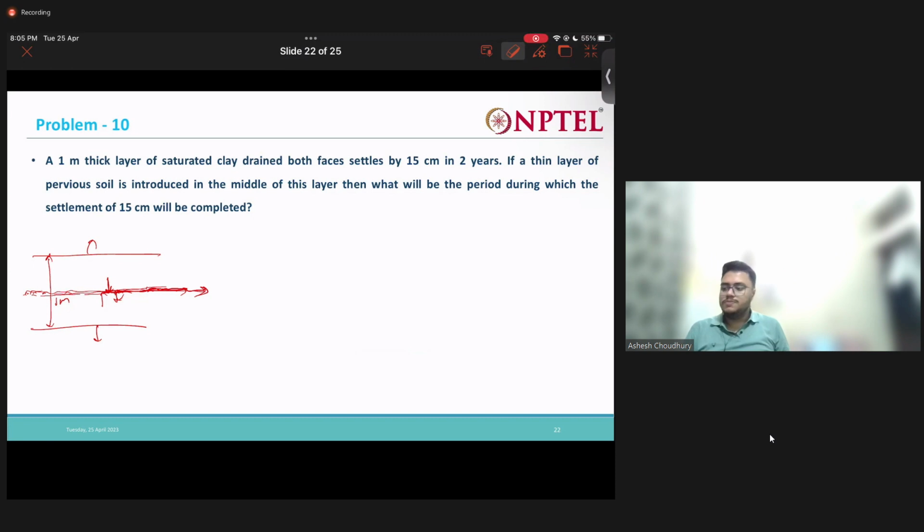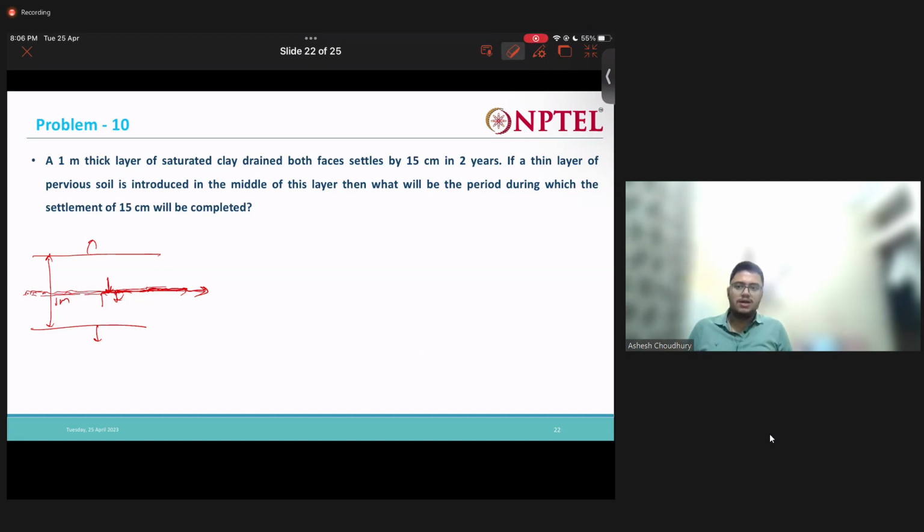Okay, so consolidation, we studied the consolidation topic in detail, which is one of the most important topics. We also derived the 1D consolidation equation. We saw how consolidation takes place, the void ratio reduces as effective stress increases.